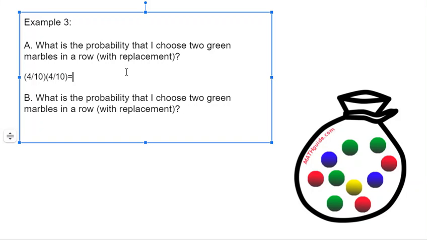And I'm going to multiply the numerators and the denominators. And then go ahead and simplify that fraction. The other thing you could do is make it a decimal. I really am fine with both simplified fractions and decimals.